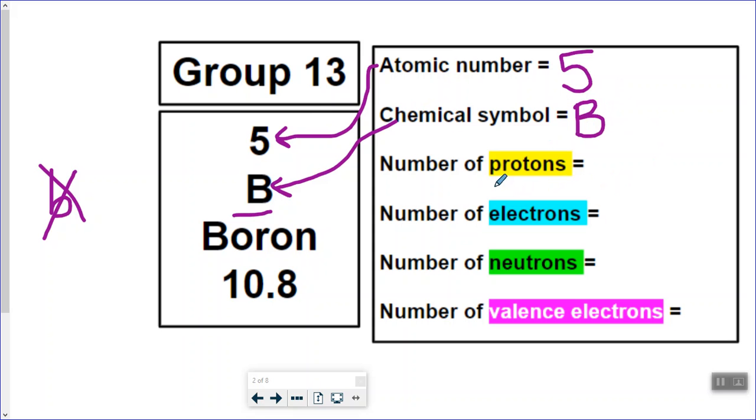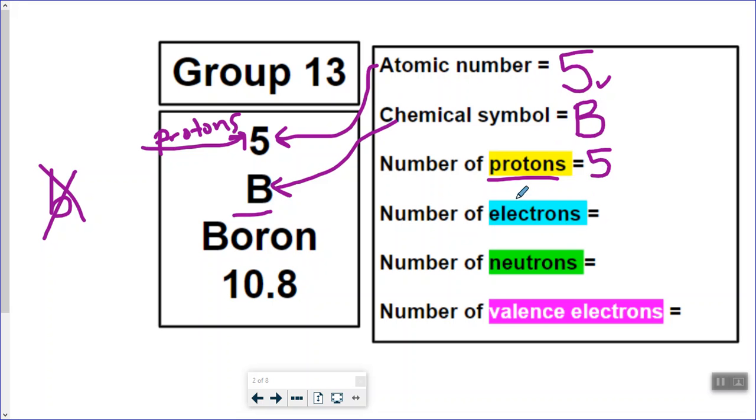Okay, remember, the number of protons is the same as the atomic number. El número de protones es lo mismo que el número atómico. So the atomic number is 5. That means boron has 5 protons.